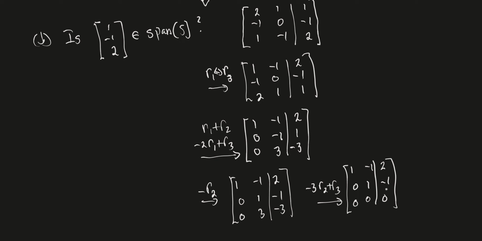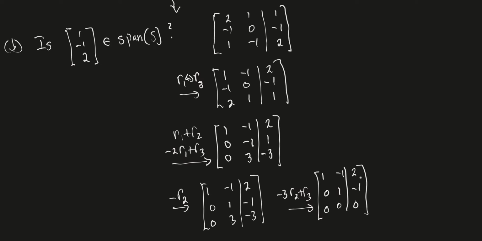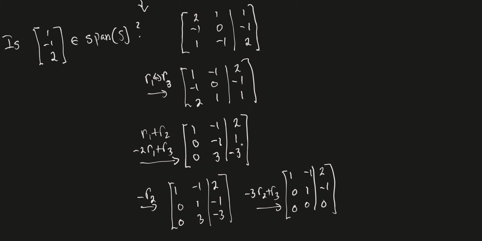So there we go. There's no contradiction. And what this means is, in fact, we can go ahead and solve this and actually write down what the scalars are. So this is telling me that C2 would have to be -1 using my back substitution.